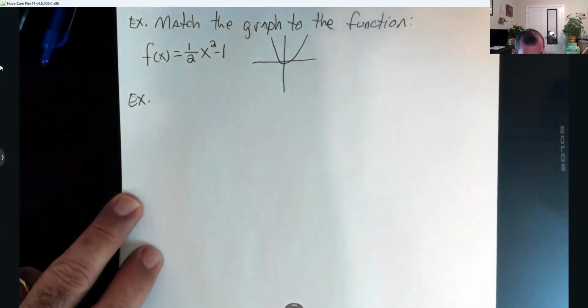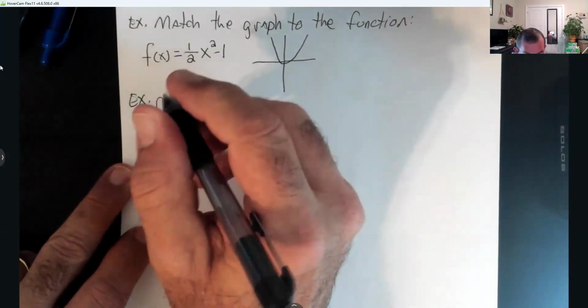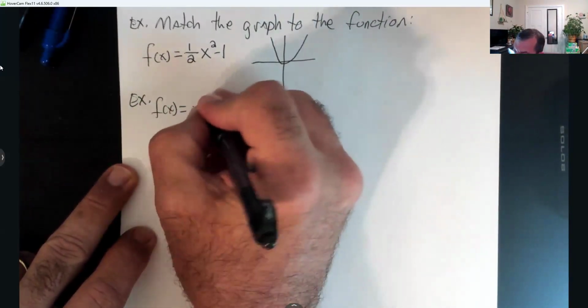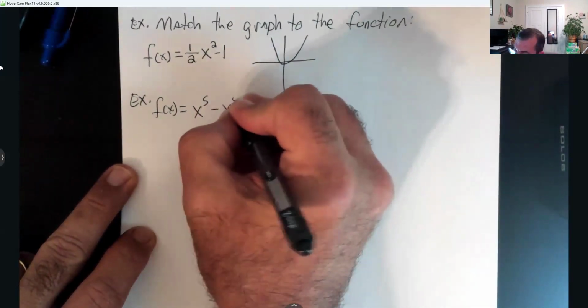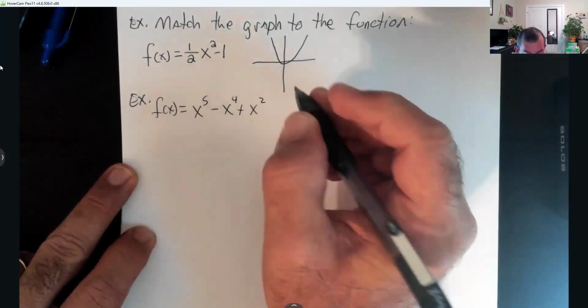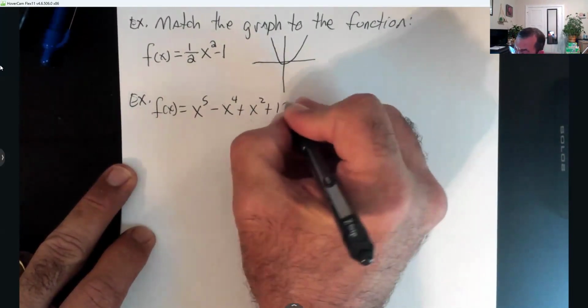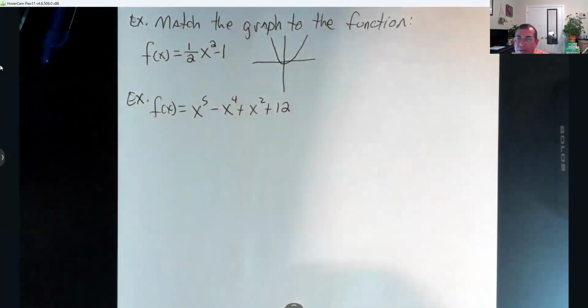All right, so let's try this one. F of x equals x to the 5th minus x to the 4th plus x squared plus 12. All right, so I'm gonna give you 3 pictures on that one.